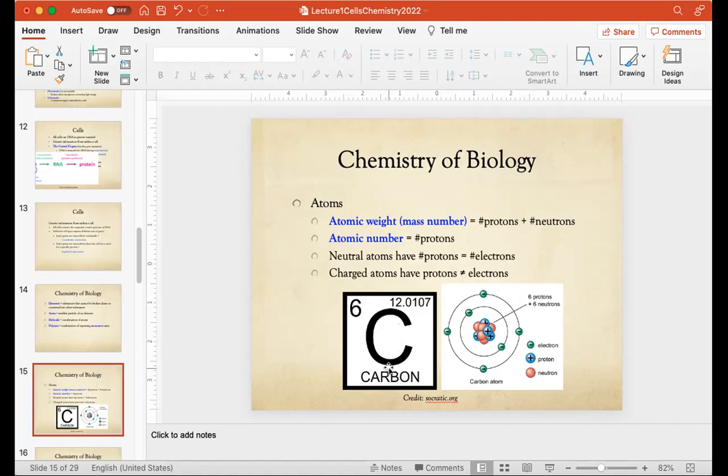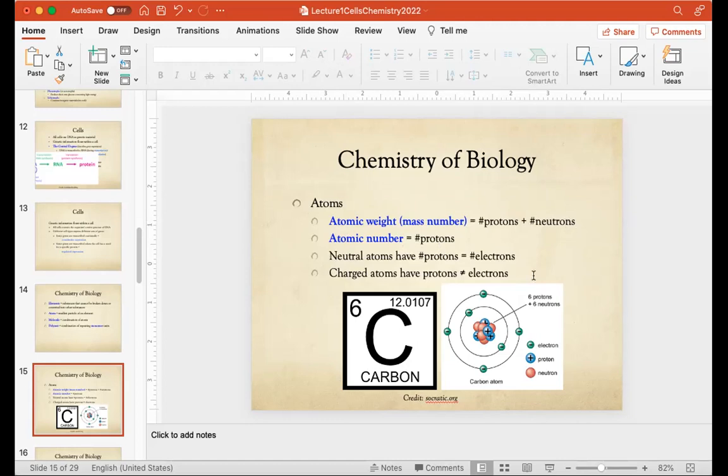So when we talk about an atom of carbon, for example, the atomic number is the number of protons that are in that atom, 6 for carbon. The atomic weight, or what is sometimes called the mass number, is the number of protons plus the number of neutrons.